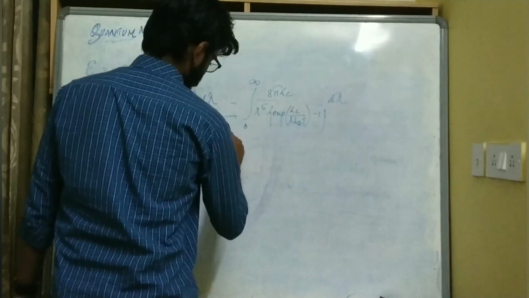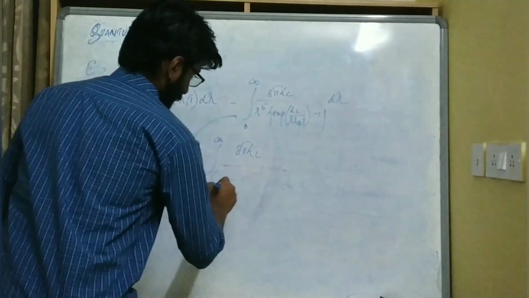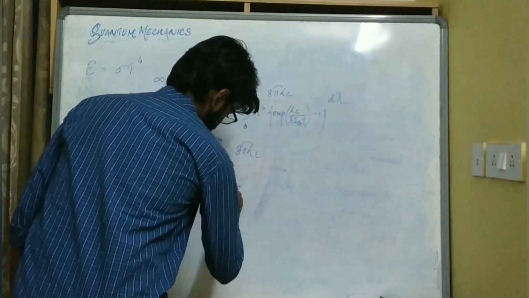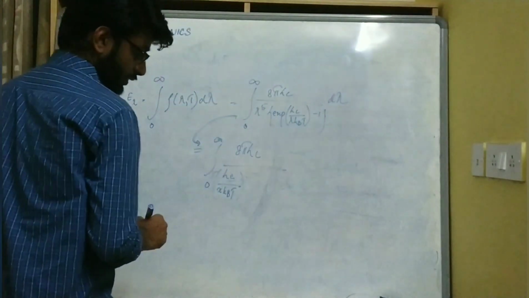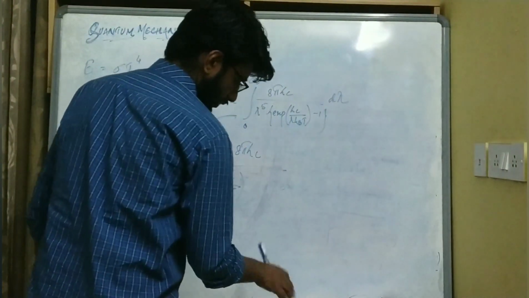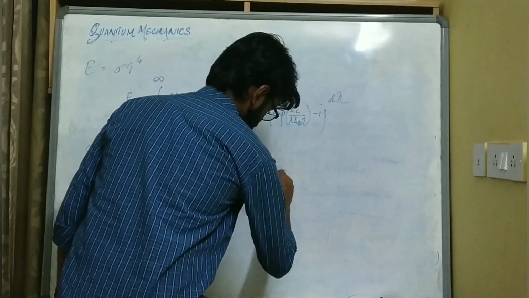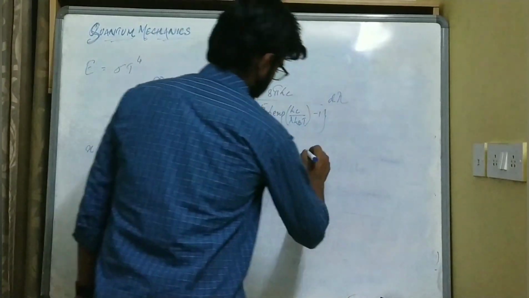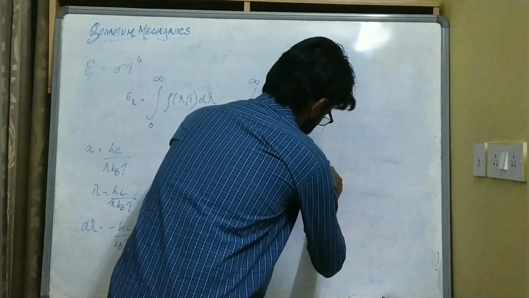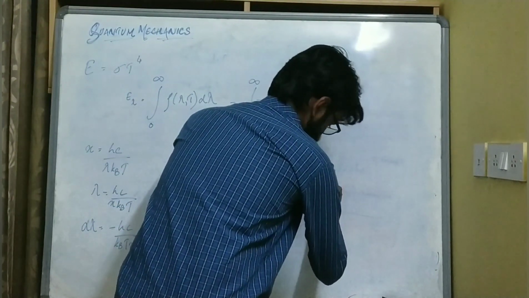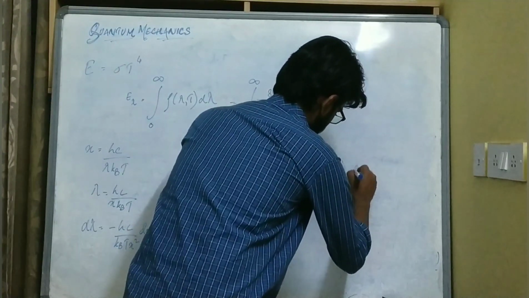So 0 to infinity 8 pi hc by x kbt, just substituting lambda, and this is e to the power x minus 1, times minus hc by kbt x squared dx.